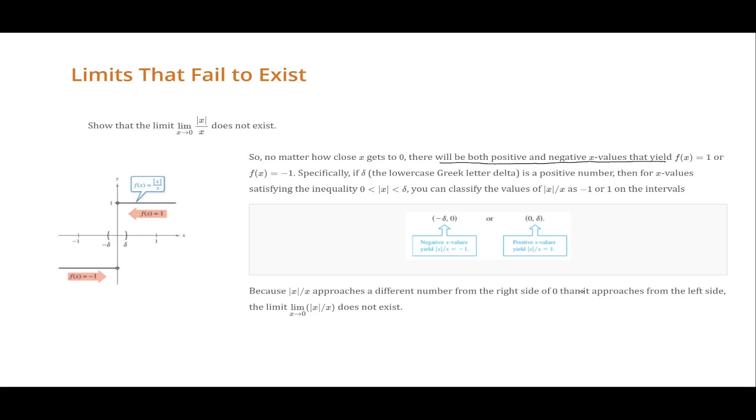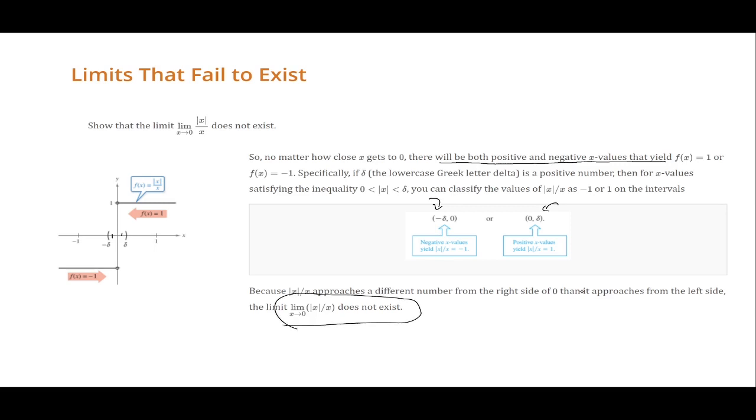Specifically, if delta is a positive number, then if you pick any x from here or here, it gives you either a positive value or a negative value. If you pick from this interval, it gives you negative 1. If you pick from this interval, it gives you positive 1. Because it's giving two different values, the limit of the function does not exist.